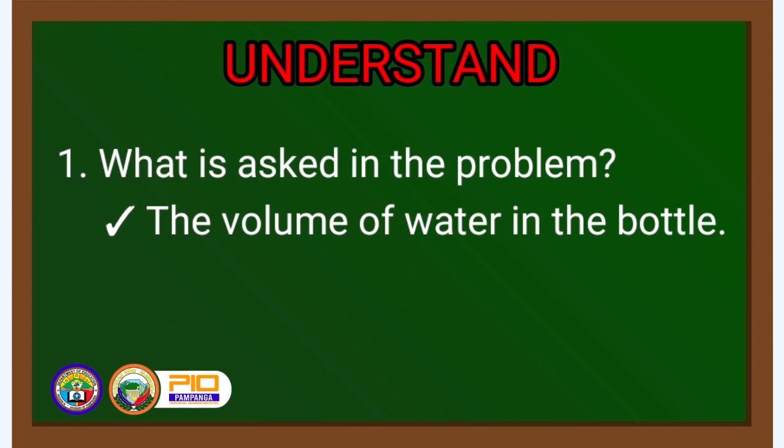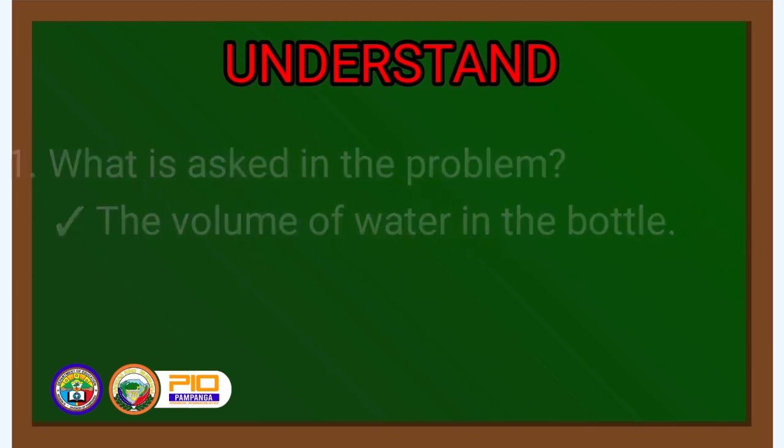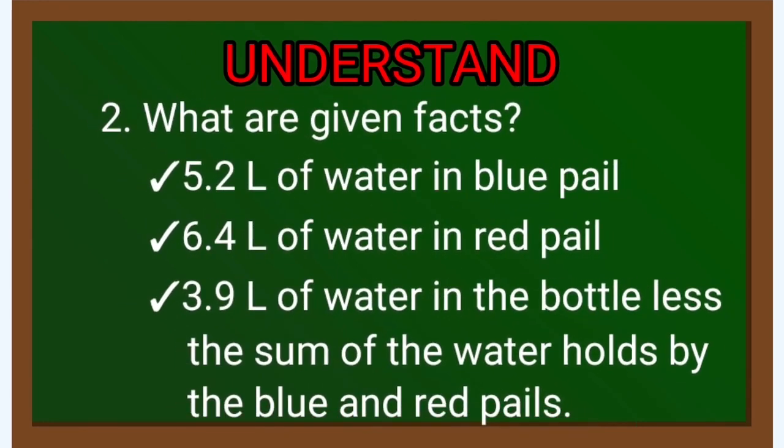The volume of water in the bottle. Number 2. What are the given facts? 5 2/10 liters of water in the blue pail. 6 4/10 liters of water in the red pail. 3 9/10 liters of water in the bottle, less than the sum of the water held by the blue and red pails.